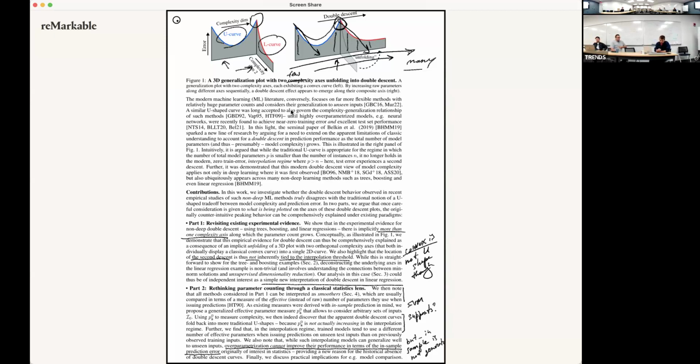Well, anyways, the L curve is still surprising for me. What the L curve means is you keep adding parameters of a certain sort, I will explain what they are, and it doesn't hurt. So you have a model with two kinds of parameters, and one kind of parameters hurts your performance.